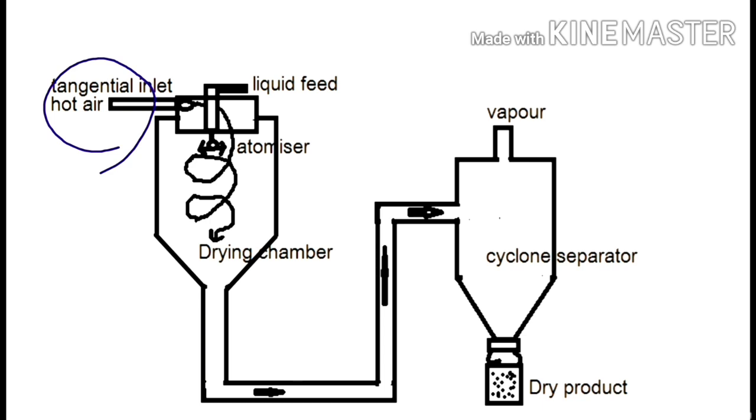And another inlet is also present in the roof of the drying chamber, that is for introducing liquid feed. This feed inlet is connected to an atomizer. With the help of this atomizer, liquid feed is converted into fine droplets, and these fine droplets are introduced into a stream of hot air.